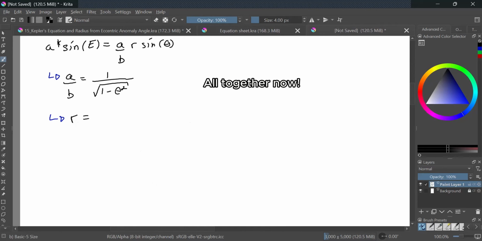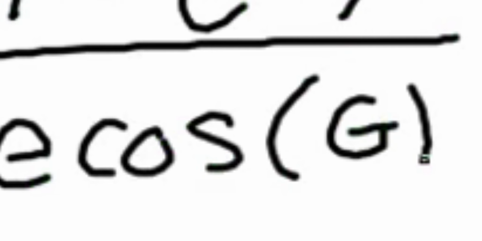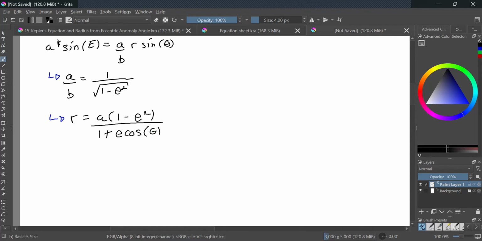Because in this equation, once again, we have a's and we have e's. So a times 1 minus e squared over 1 plus e cosine of theta. Theta, not g. So let's go ahead and plug all that back in. We have a times sine of the eccentric anomaly angle.